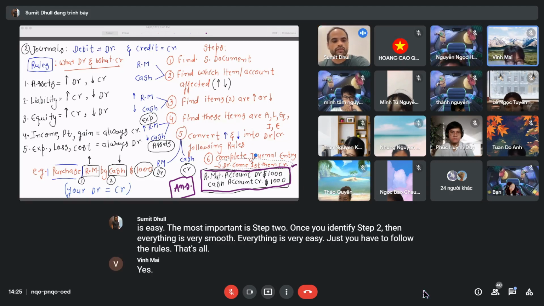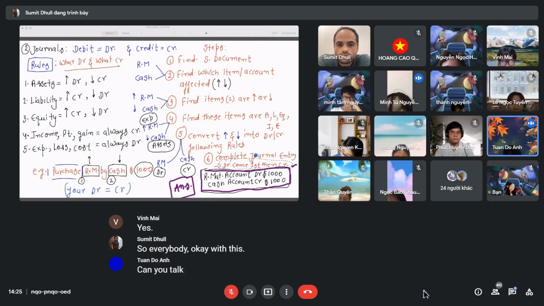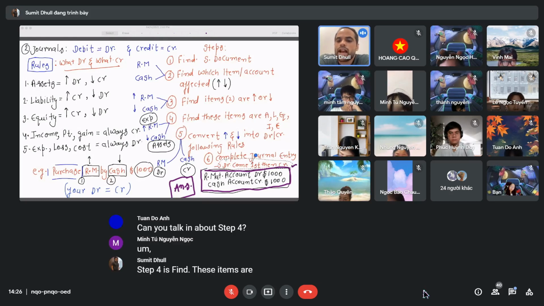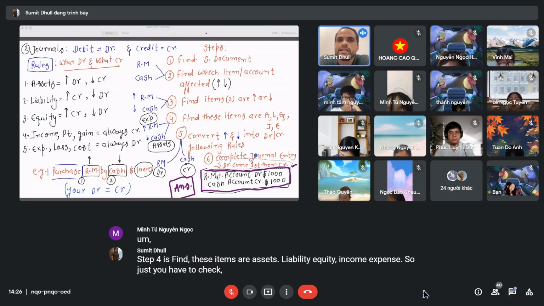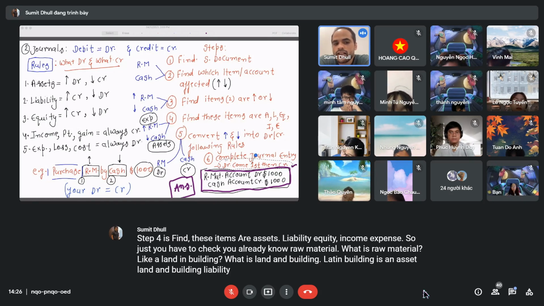So everybody okay with this? Can you talk again about step 4? Step 4 is to find whether these items are assets, liability, equity, income, or expense. So you just have to check. You already know raw material. What is raw material? Like land and building. What is land and building? Is land and building an asset, liability, equity, income, expense?